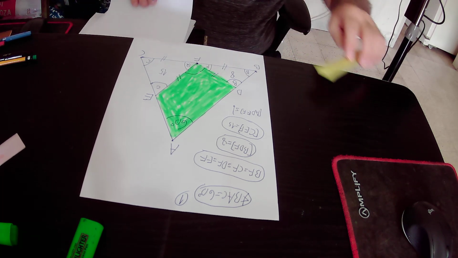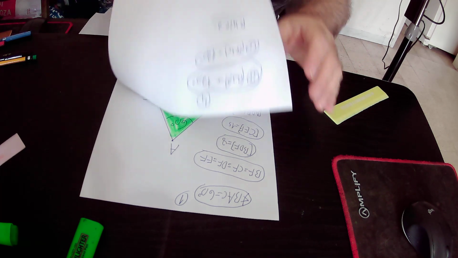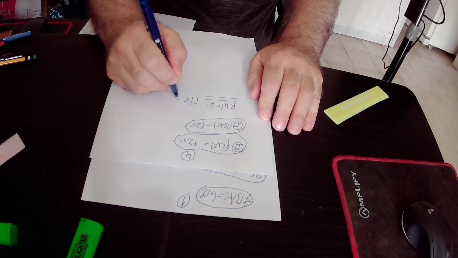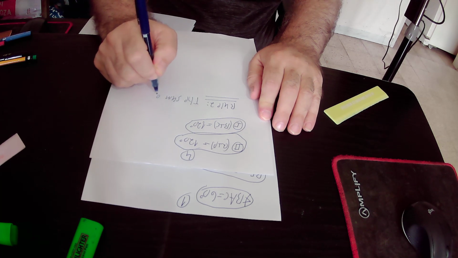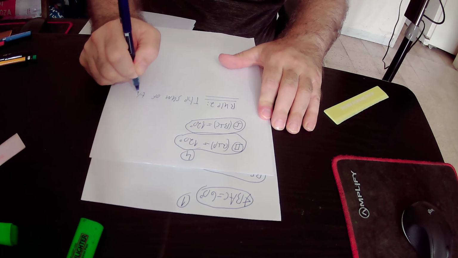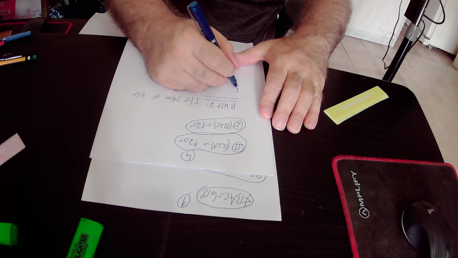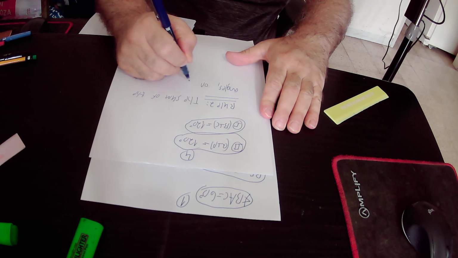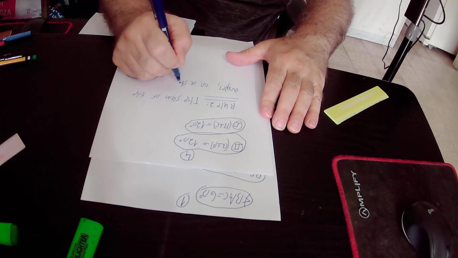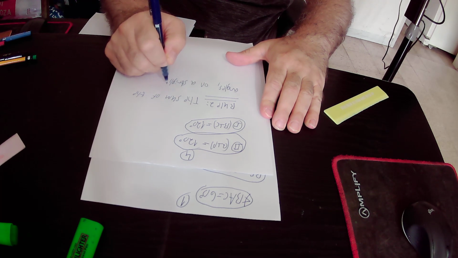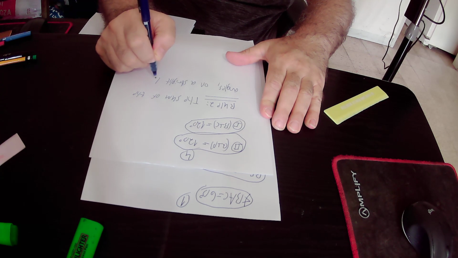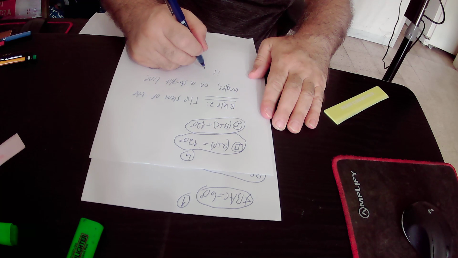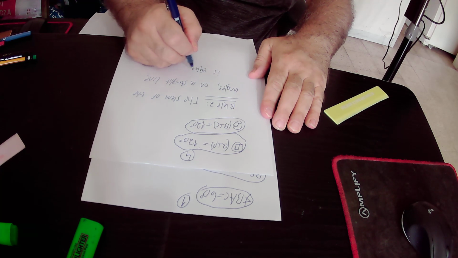Rule number 2 states that the sum of the angles on a straight line is equal to 180 degrees.